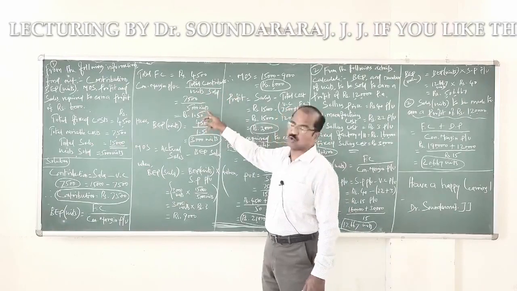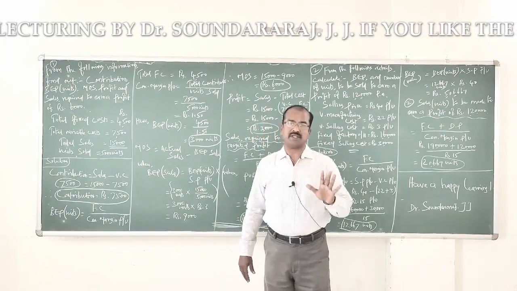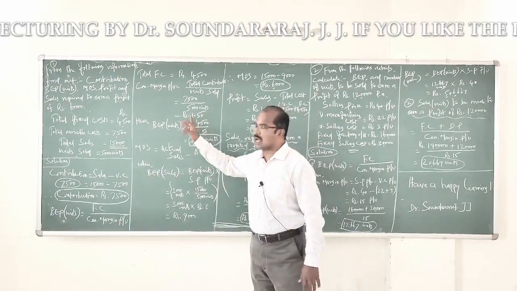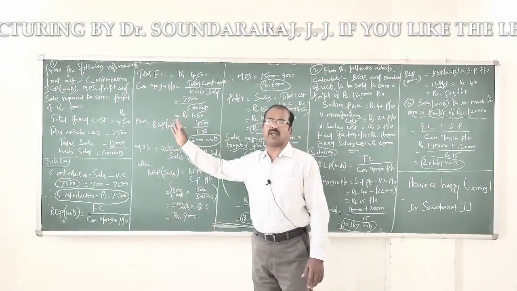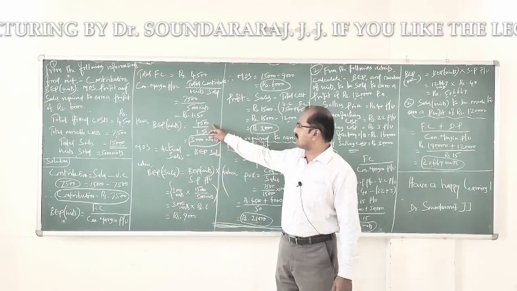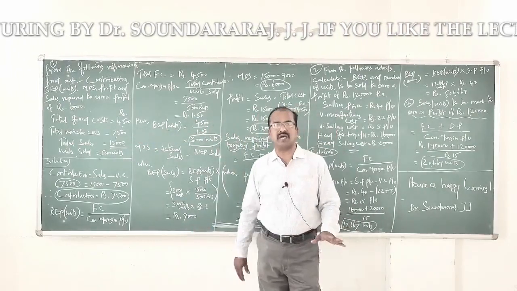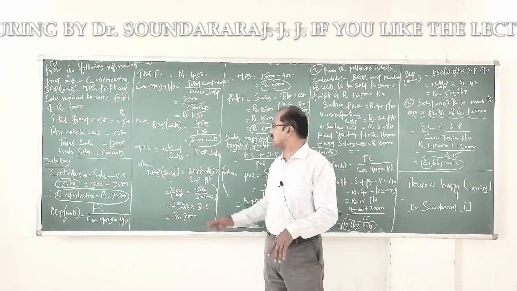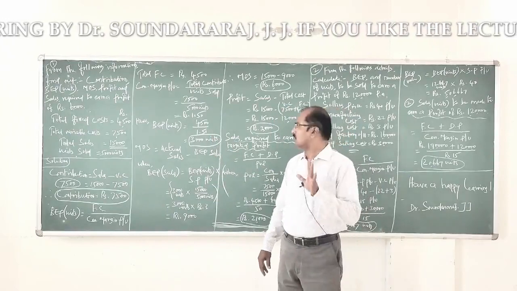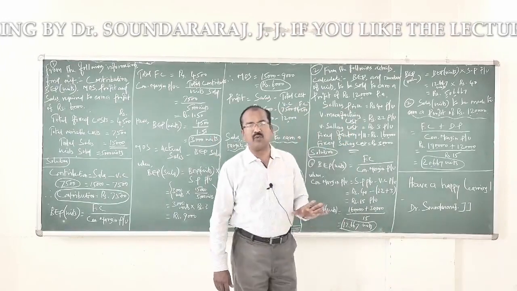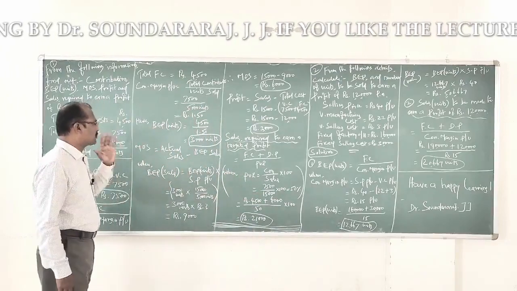So 7,500 rupees divided by 5,000 units gives us 1 rupee 50 paise. This is the contribution margin per unit. Now let us calculate break-even point in units. Total fixed cost 4,500 given in the problem divided by the contribution margin per unit 1 rupee 50 paise. Therefore the answer is 3,000 units. So we come to know the break-even point in units as 3,000 units in this problem.